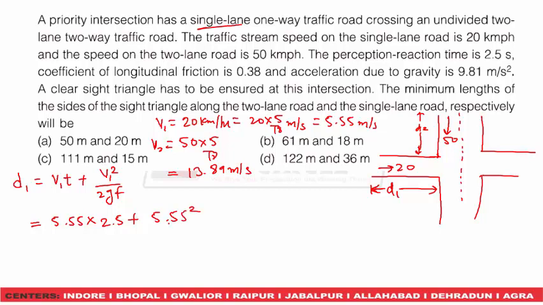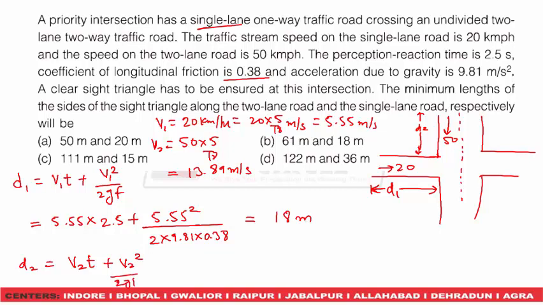So D1 will be equal to V1 5.55, reaction time is 2.5 seconds, plus 5.55 square by 2 into 9.81 into friction coefficient 0.38. So this comes out to be 18 meter. And D2 is V2t plus V2 square by 2gf.